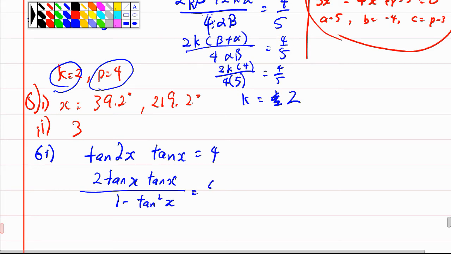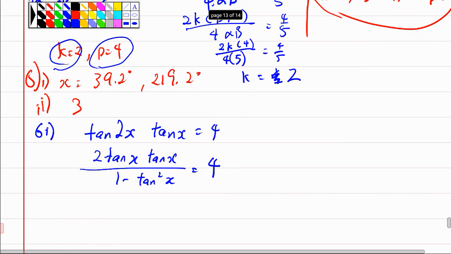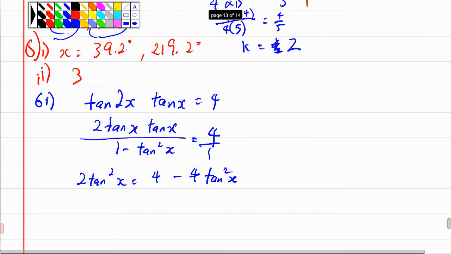So you solve like a quadratic equation. So you cross multiply upward. So this is 2 tangent square x equals 4 minus 4 tangent square x. So tangent x equals plus minus square root 2 over 3.